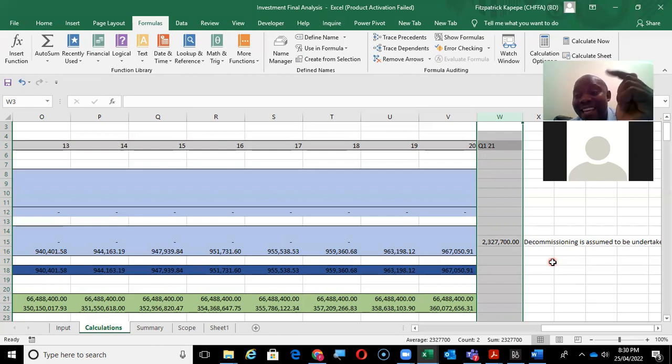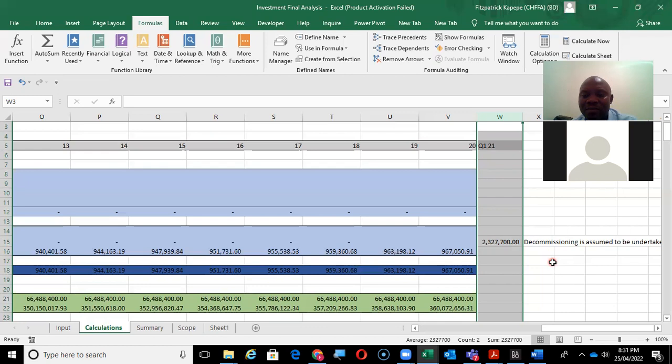Then at the end of the 20th year, you mobilize whichever company you're going to contract in dismantling your turbines, because it's a project on its own. It may take just about 2 or 3 months, but it has to be done in the first quarter of the 21st year.